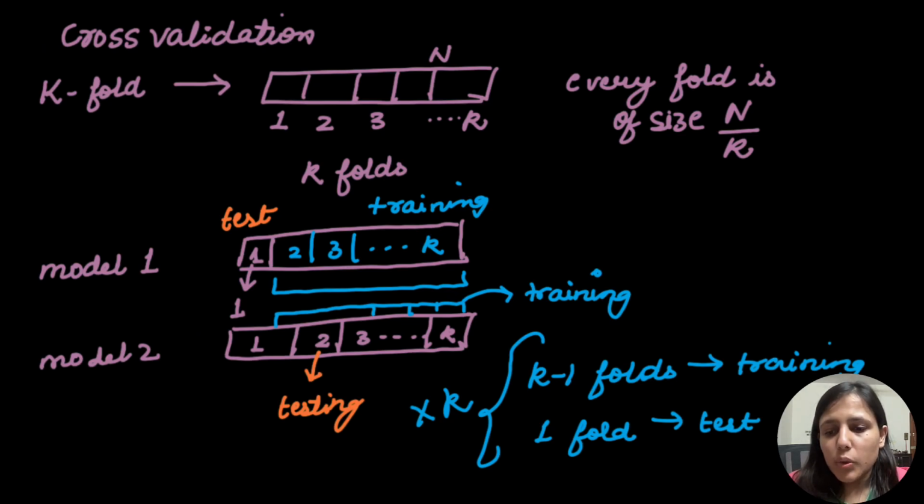Now let's take a look at what is bootstrapping. So bootstrapping is a different technique from cross validation. So in bootstrapping, suppose you are given a data set of size n.